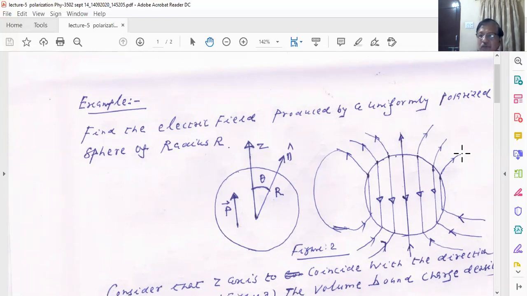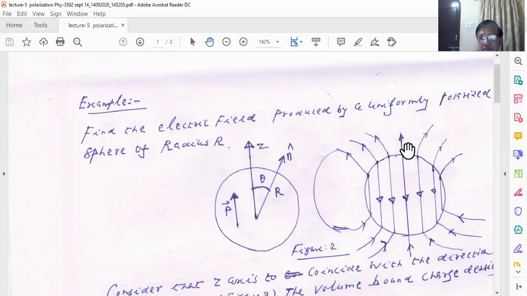You can imagine that if you want to consider the field outside the sphere, there is a dipole kept at the origin of the coordinate system along the z-axis, and the dipole moment is oriented along the z-axis. So this problem will explain the polarization as well as the field pattern of the uniformly polarized sphere as well as the field pattern of electric dipoles.